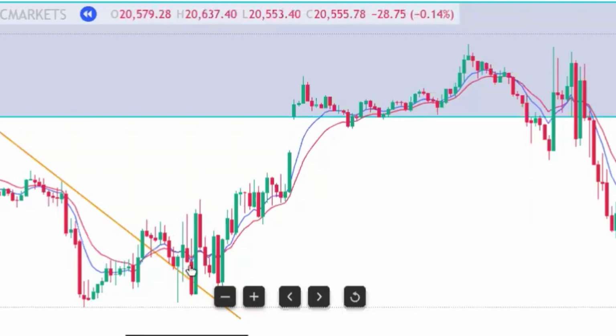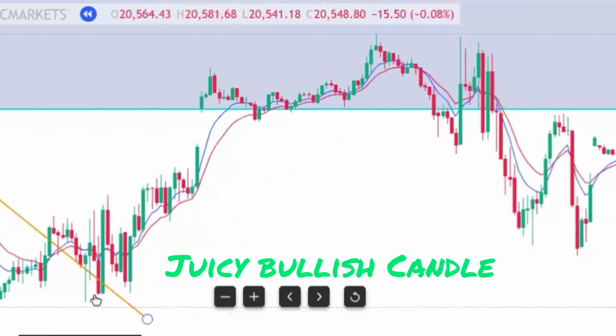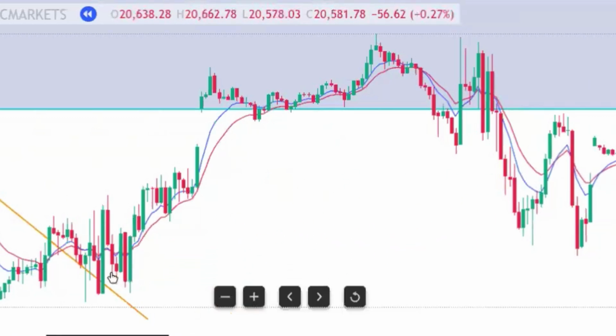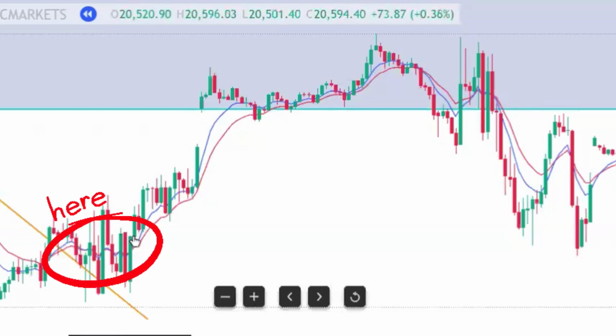Keep looking at the wicks, and then you see this massive engulfing bullish candle. That's telling you price now wants to push up. Now you also had a confirmation even right here with the moving averages showing you that the blue is on top, which means that we're bullish. Price is sitting above the moving averages.